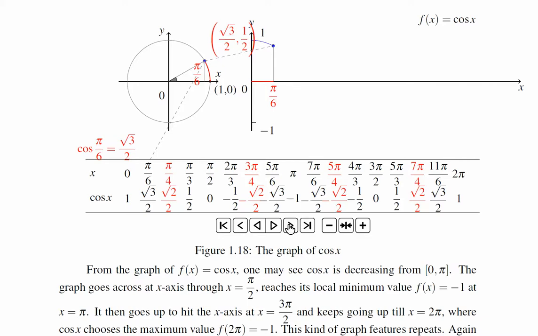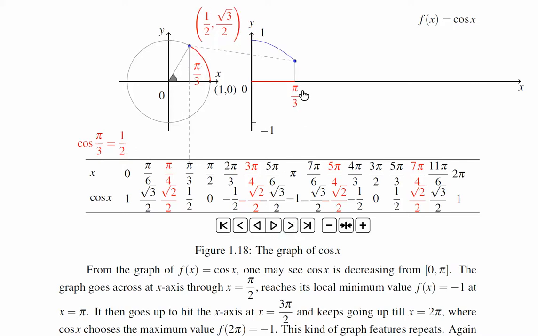Okay, so then you will have the first three points: from 0 to pi over 6, then from there to pi over 3. Pi over 3 is twice as much as pi over 6.